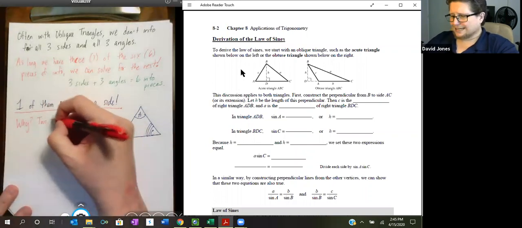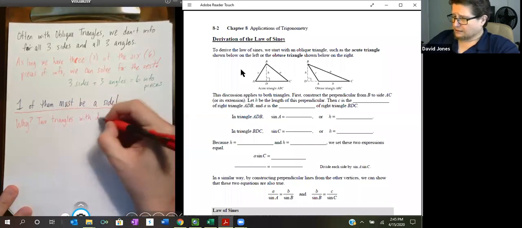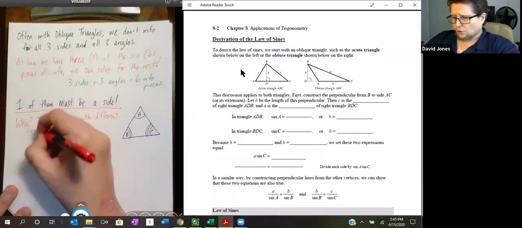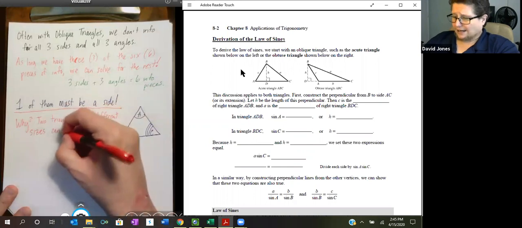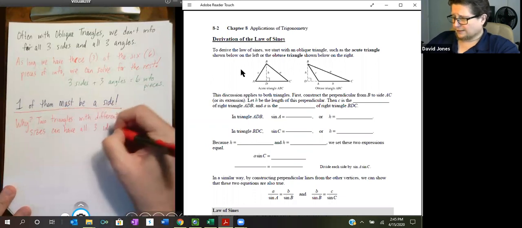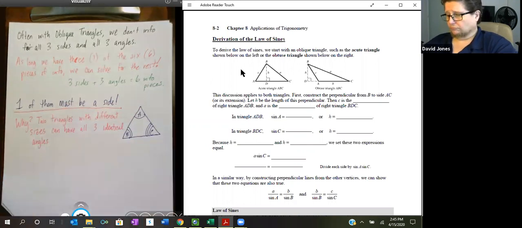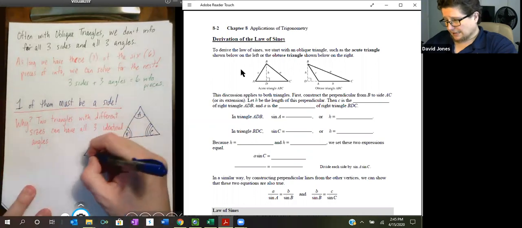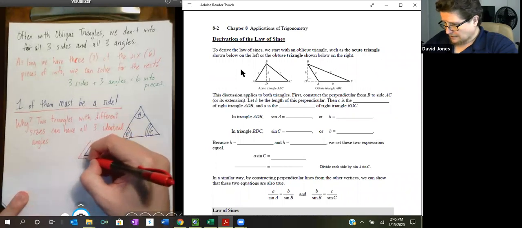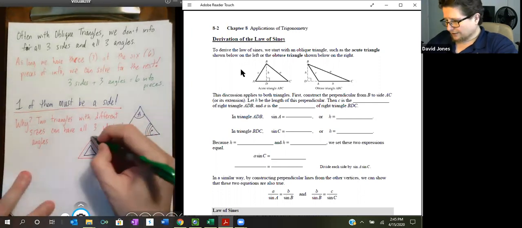Two triangles with identical angles can be different sizes. Or, two triangles with different sizes can have identical angles, all 3 identical angles. Here's an example. I don't even need to know what the angles are. I'll make 3 triangles.